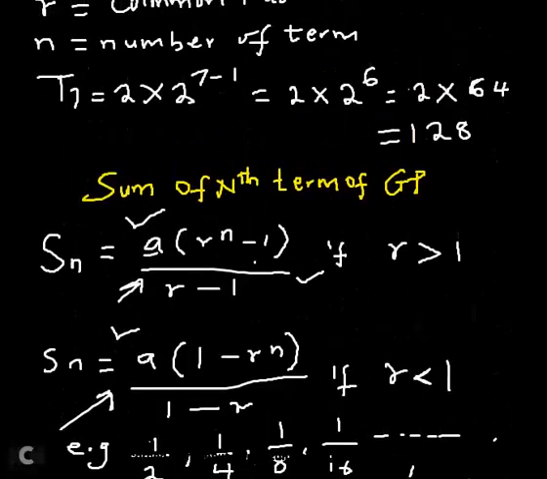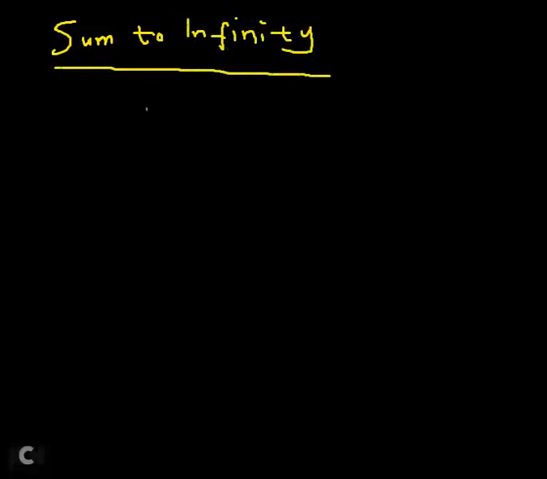All right, and there's just one last formula I need to introduce here for a GP. That is what is known as the sum to infinity. So if you are being asked to sum to infinity, that means you are summing to a point where the value is undefined.